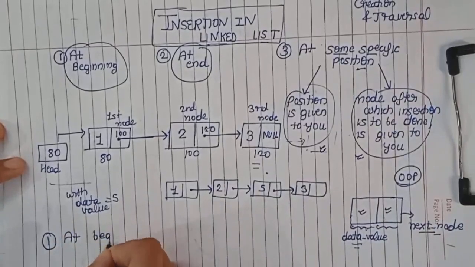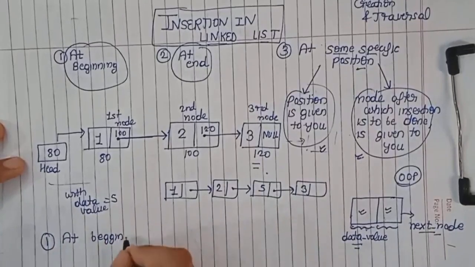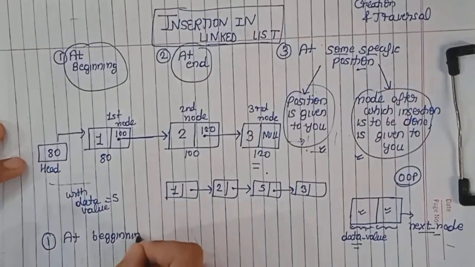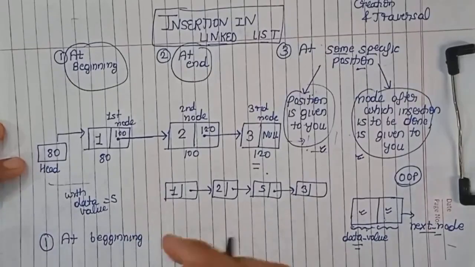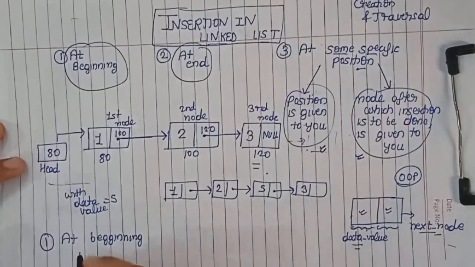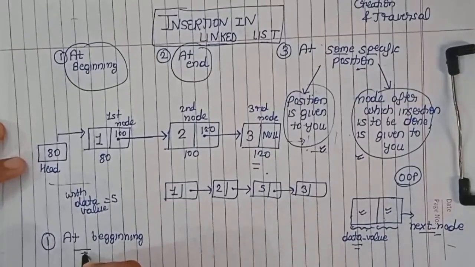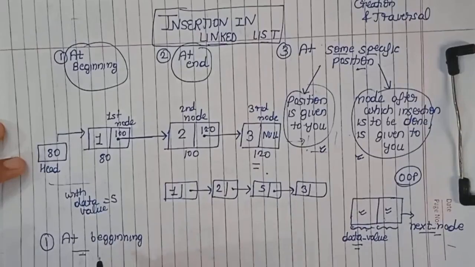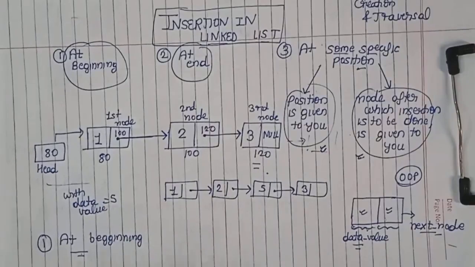Firstly, we will see the insertion at the beginning of the linked list. So we will be writing the function for inserting a new node at the beginning of the linked list. Let us write that function.